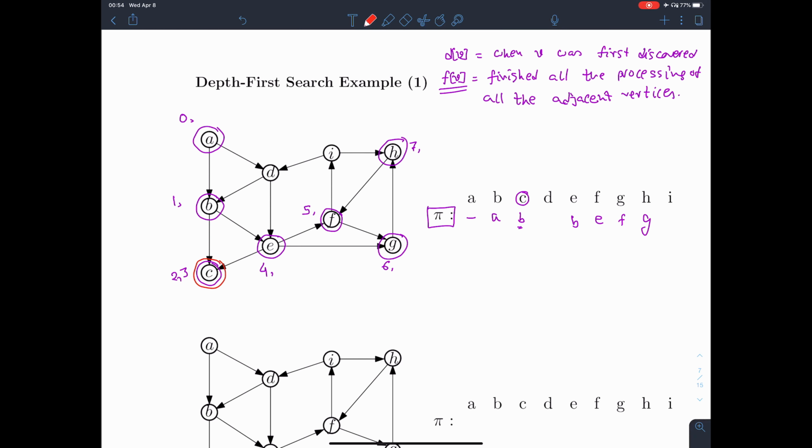At this time, we can say we are finished with processing the vertex H. And the time that we finish processing the vertex H is 8.